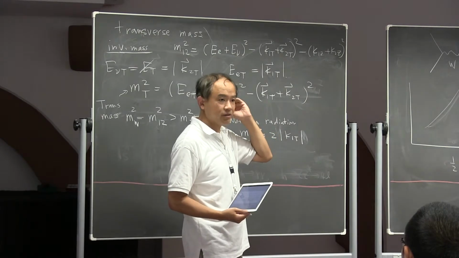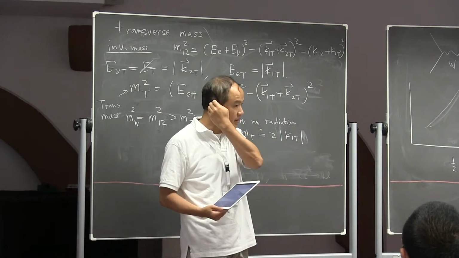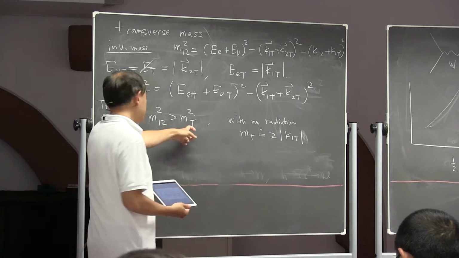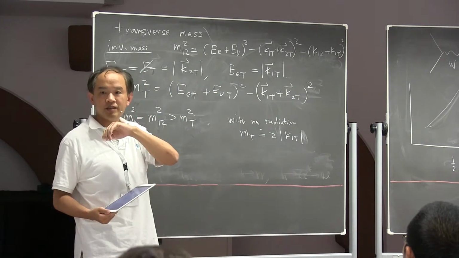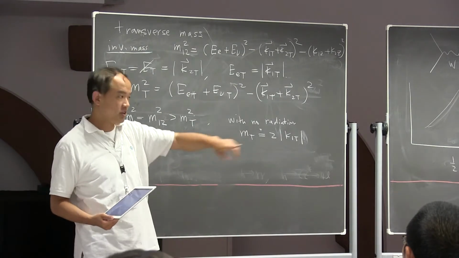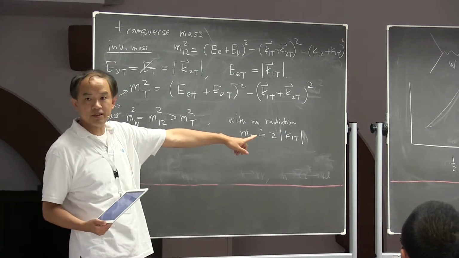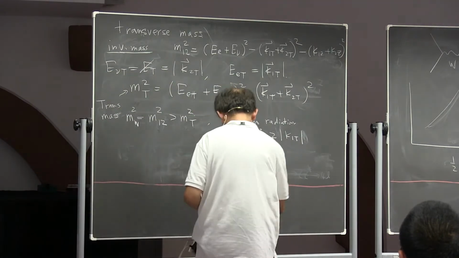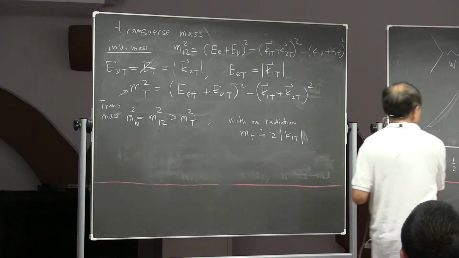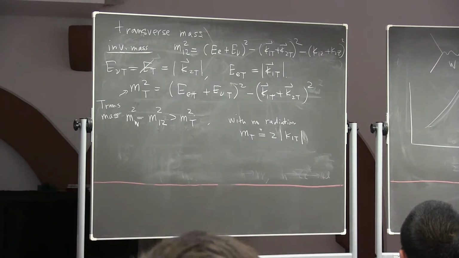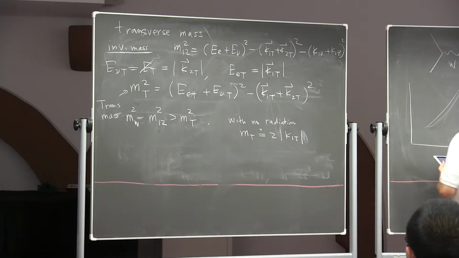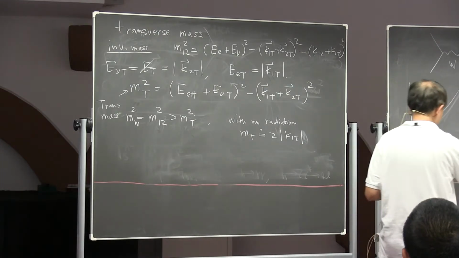It's just twice the transverse momentum. Therefore, the MT distribution also approximately has a Jacobian peak, just like the PT distribution over there. So let me draw that distribution. Now imagine this is the MT distribution. It has an endpoint at MW.